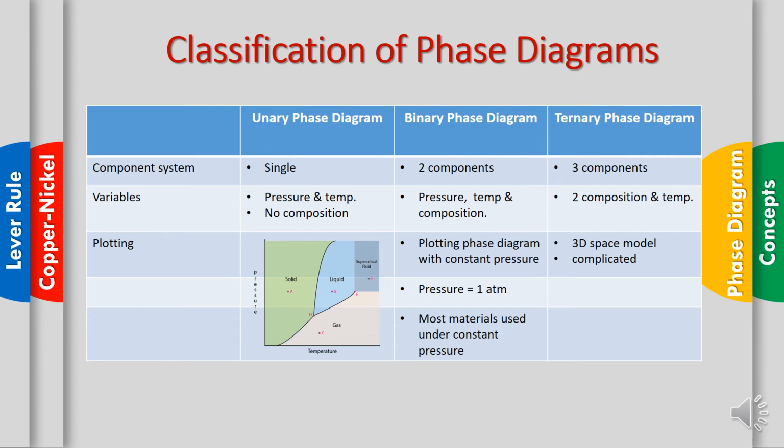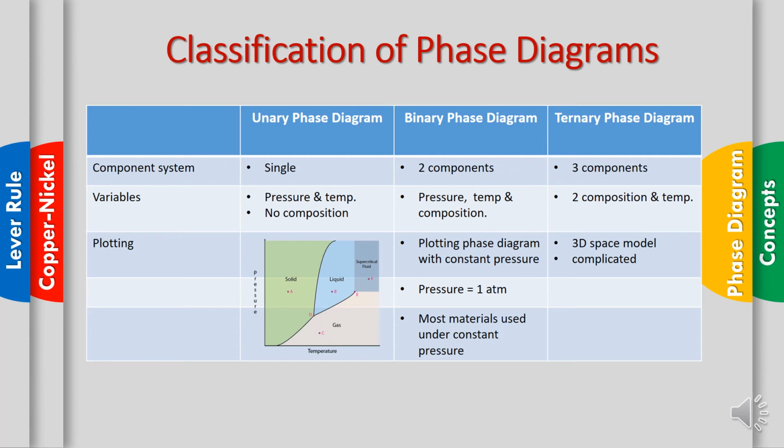And then for plotting the phase diagram, the unary phase diagram is something like the water or CO2 phase diagram. For the binary phase diagram, we basically look at the effect of changes in temperature and we want to see it against composition, whereby other parameters such as pressure will be kept constant.